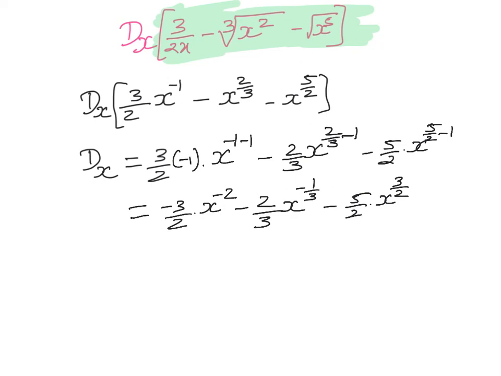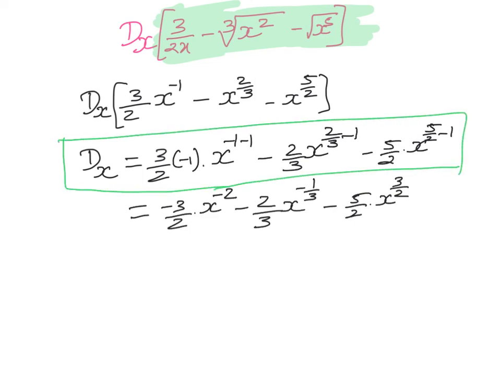Something I want to emphasize here is that the second step is my derivative. I apply the rules of differentiation here. The third step is my simplification. I did not apply any rules of differentiation here. I apply only the rules of exponents. Now this is my final answer.